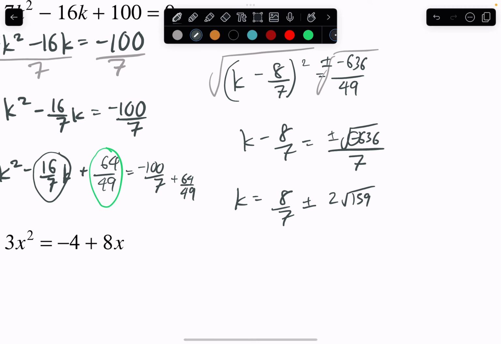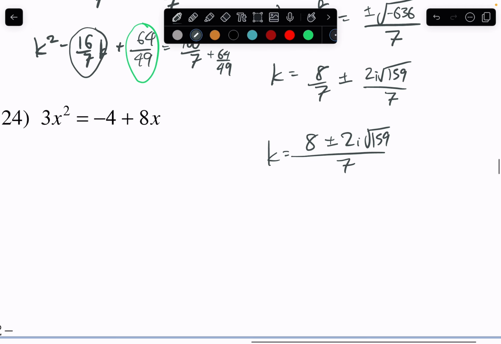Okay, again, we place an i because a negative value inside a square root symbol is imaginary. So yeah, write something like this. 8 plus minus 2i square root 159 is equal to k.